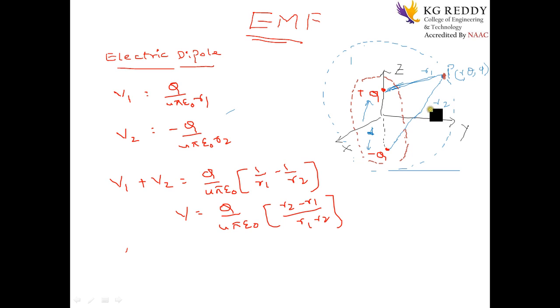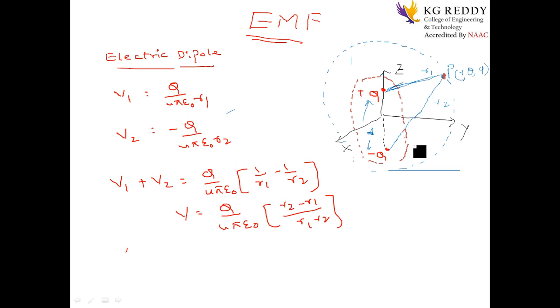Now let us assume that the point P is at infinite distance, which means that R1 and R2 are not fixed values, they are infinite values.